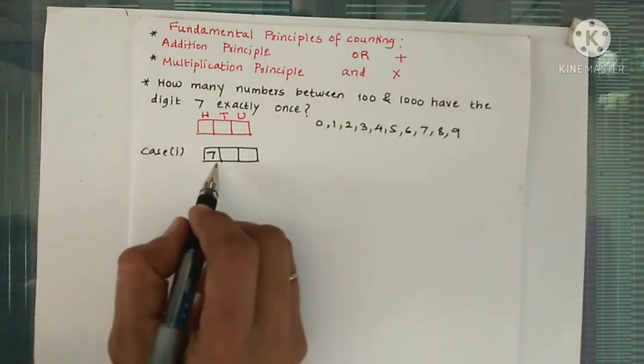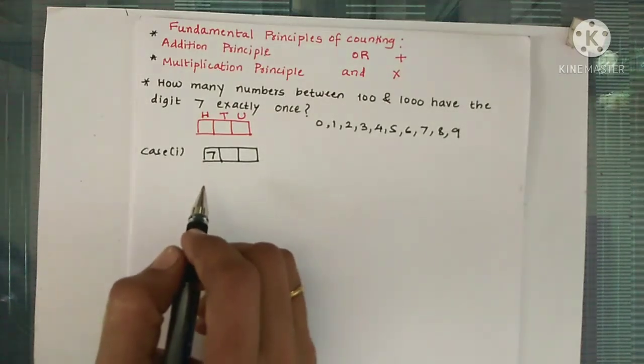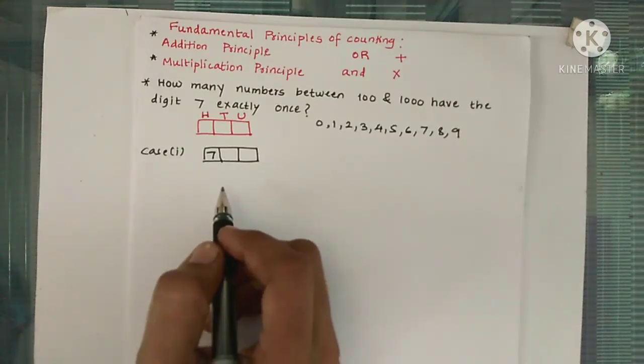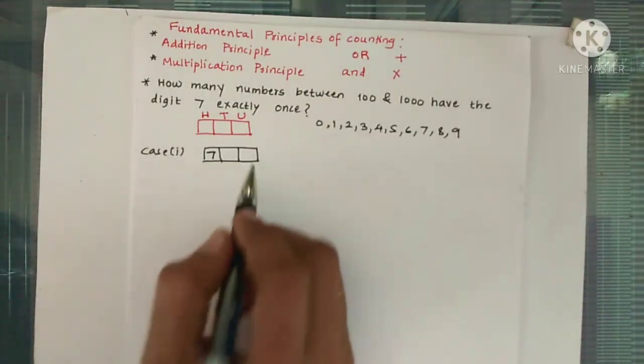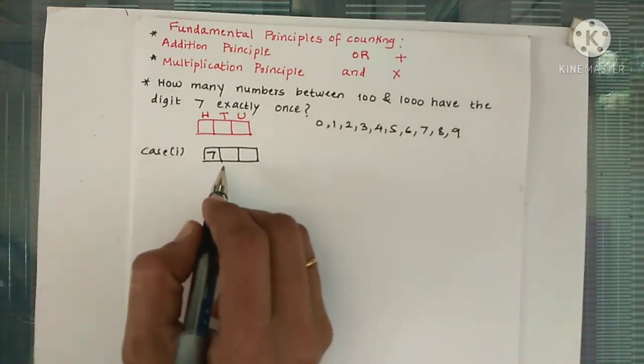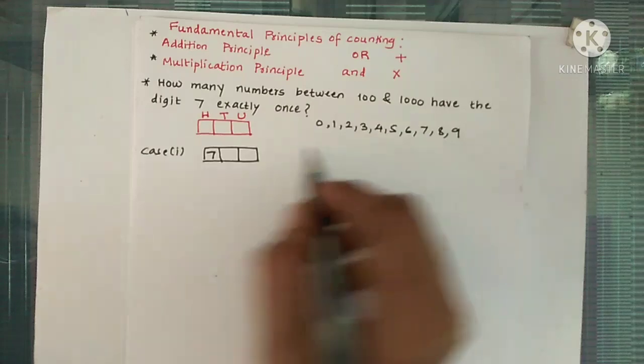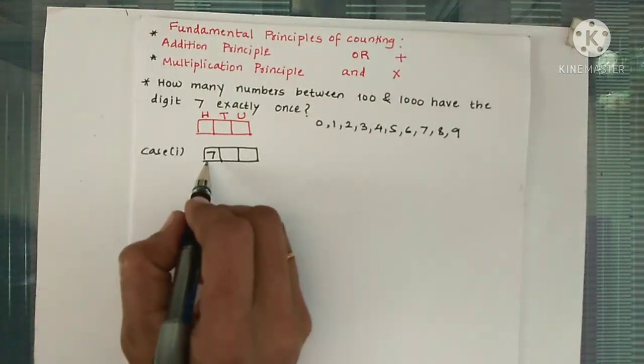I have written 7 in this box, that means 7 is in hundreds place. The number is 700 something. Now we want the number such that 7 should not be repeated. That means for the next one we cannot use 7. Okay, so in all we have 10 digits and 7 is already used here.